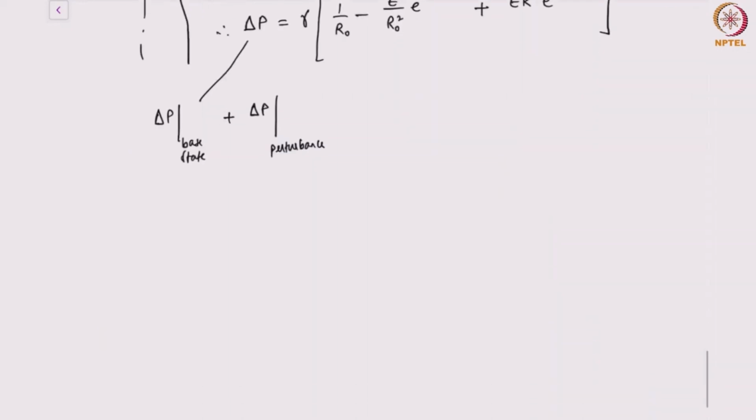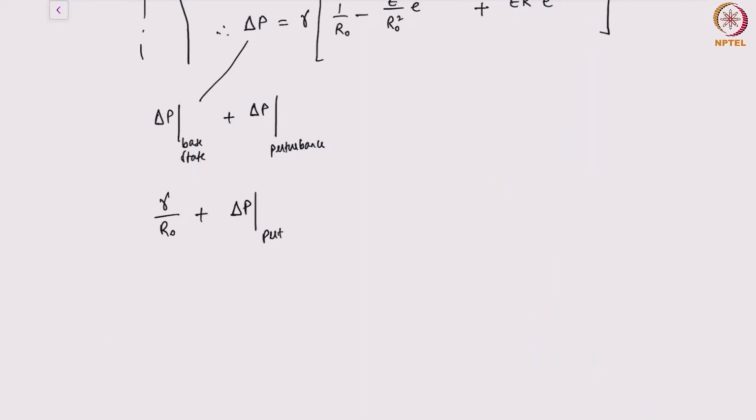What is the pressure jump in the base state? The base state pressure jump will simply be gamma by r0, because the pressure inside is gamma by r0 more than outside, because there's only one curvature. It's flat in the axial direction, and in the theta direction it has a curvature of 1 by r0.